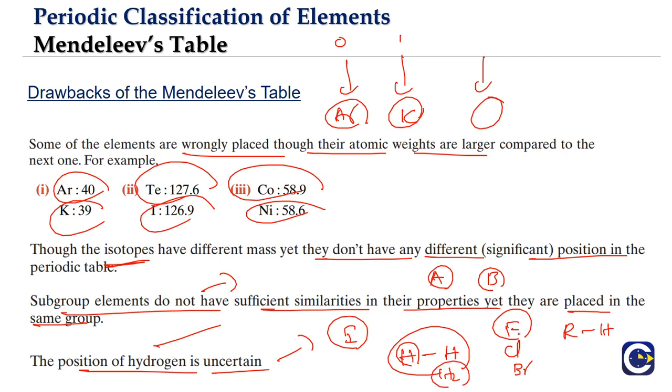And just like the seventh group elements exist as diatomic molecules in the gaseous state, F2, Cl2, etc., similarly, hydrogen also exists in the gaseous state as a diatomic molecule, H2. So hydrogen has similarities with the first group elements as well as the seventh group elements, but it is given a place in the first group. So there was an uncertainty in terms of the position of hydrogen.